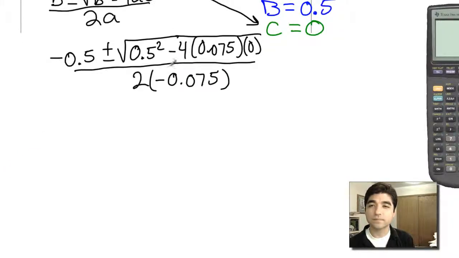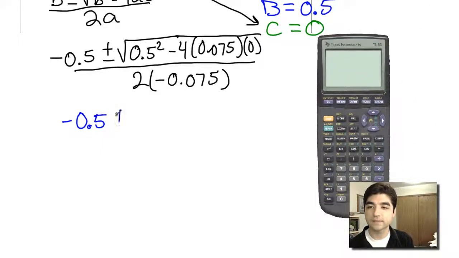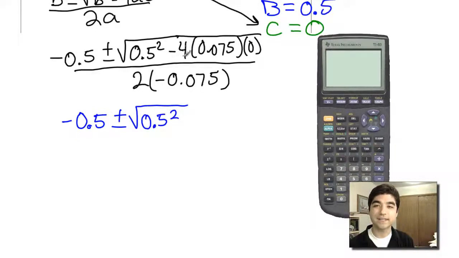Alright. So we're going to just bust out the math here. Let's bring the calculator back. Plus or minus square root 0.5 squared. And then notice that negative 4 times 0.075 times 0 just equals 0. So that goes away.